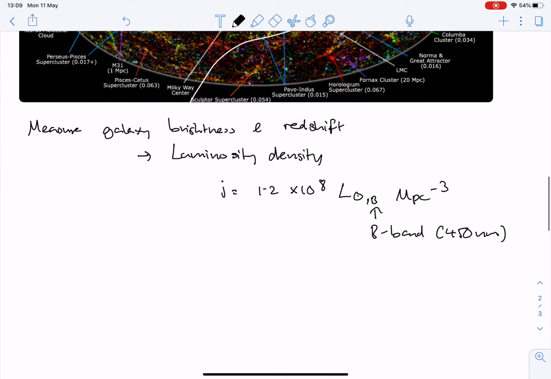And remember, a megaparsec is something like 3.08 times 10 to the 22 meters. So these are very big numbers. You have to worry about these by averaging over very large volumes. In principle, you could just say, well, is every star like the sun?